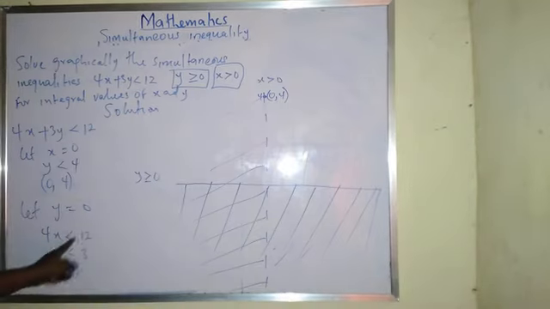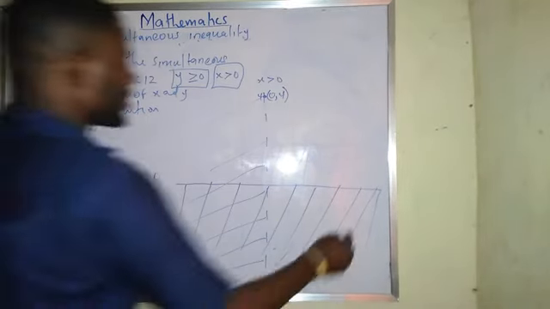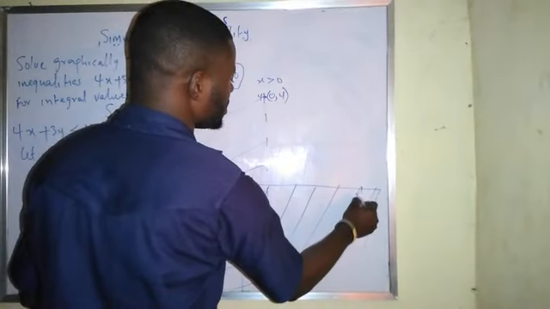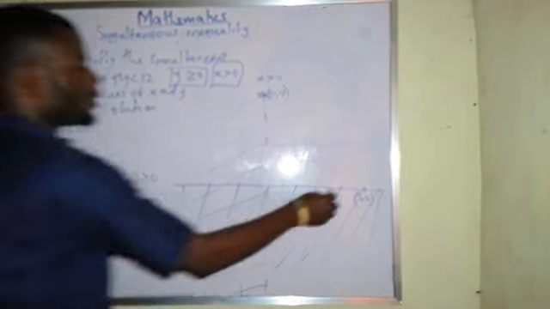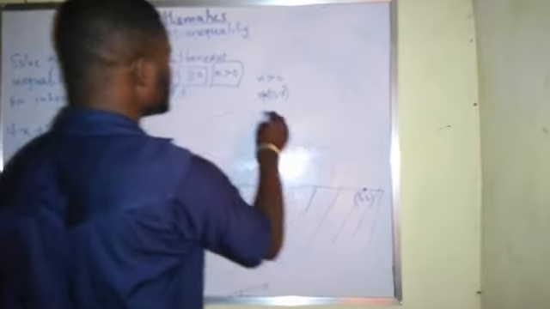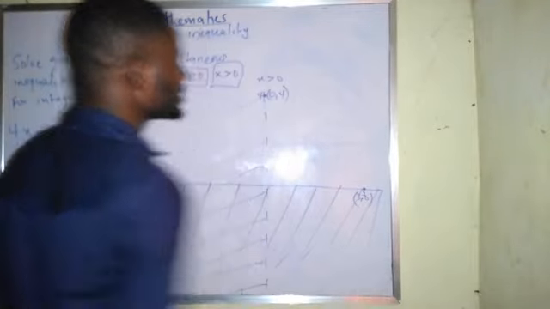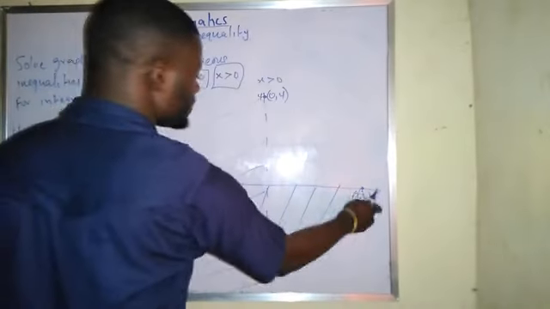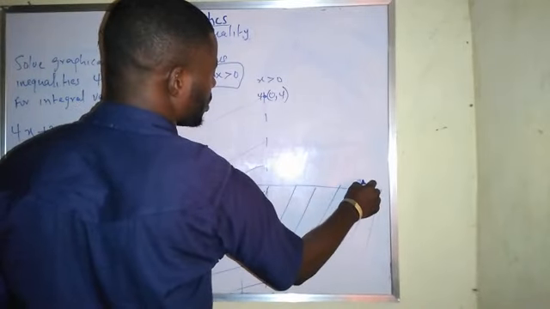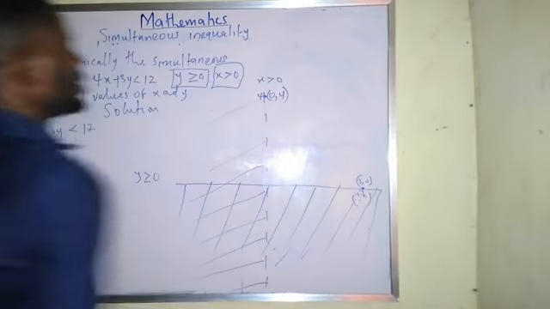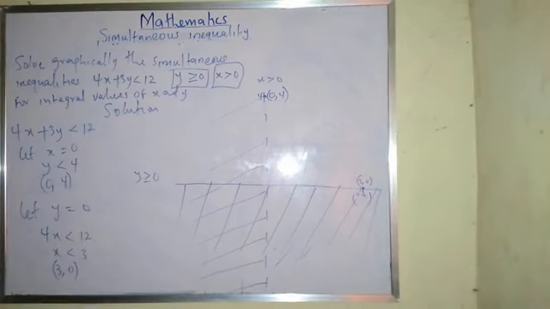And I'll be moving on to 3 here. This one will be 3, 0. These are my points that I'm working on. Here is 3. That is where they meet. This point is what? 3, 0.